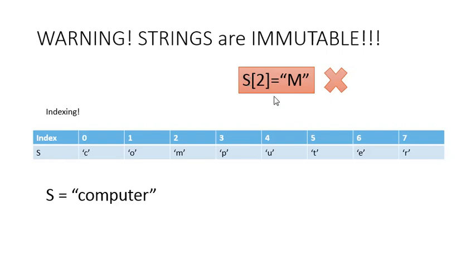So I can't do stuff like this. We'll look a little later at how we get around this problem. But it's just important to know that you can't assign a subindex of a string a new character value. You can't do that.